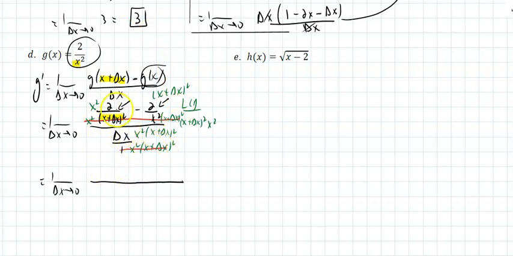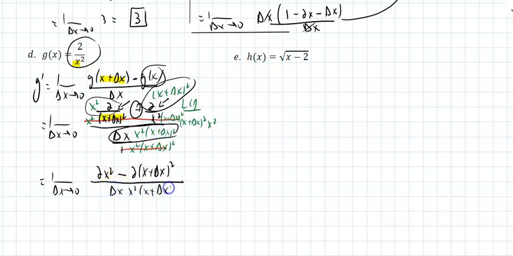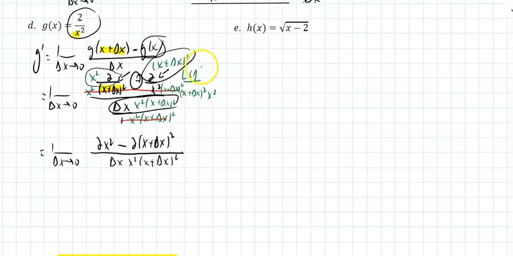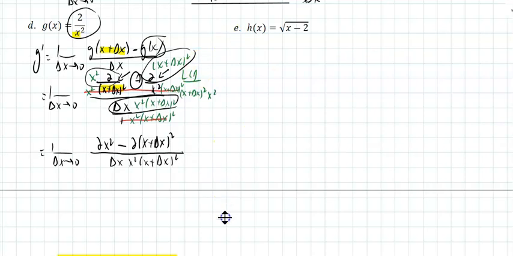So instead of a complex fraction, you're going to be left with 2x squared minus 2 into (x plus delta x) squared, and the denominator will be delta x squared into (x plus delta x) squared. Now all you have to do is clean up the top a bit and you're in very good shape.